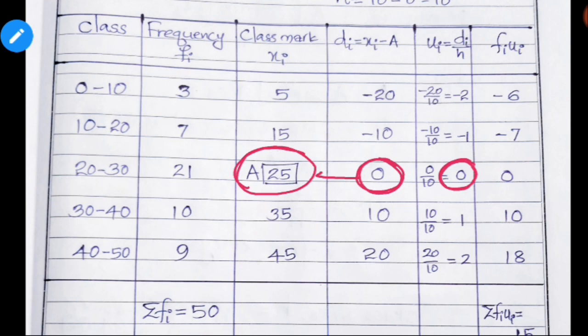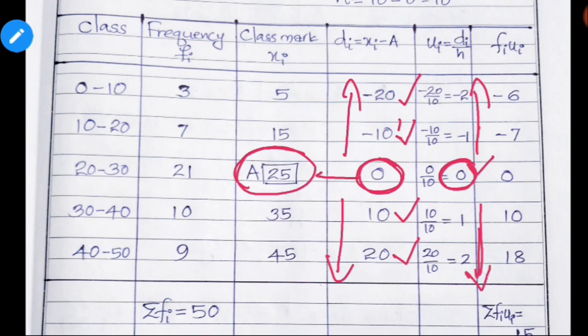Here it is 0, then minus 10, minus 20 above, and 10, 20 below. Below it is increasing order, above it is decreasing order, and ui is the same. Here it is 0, the previous ui's are minus 1, minus 2, and the succeeding ui's are 1, 2. So it is very easy to find ui.